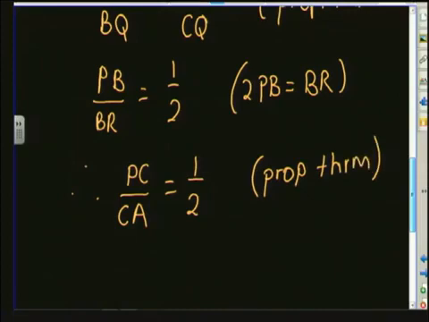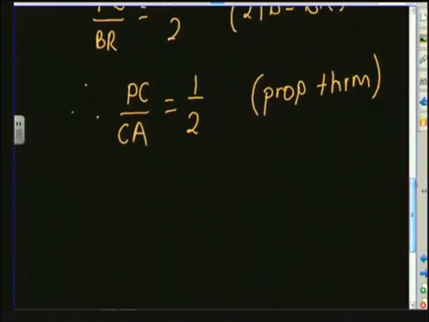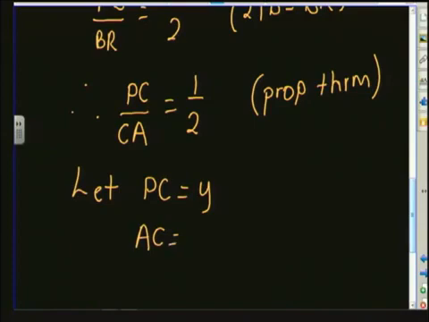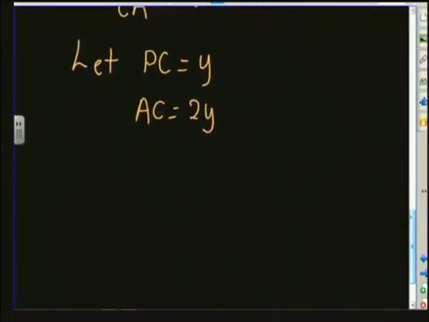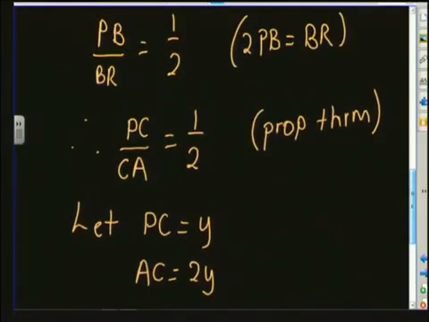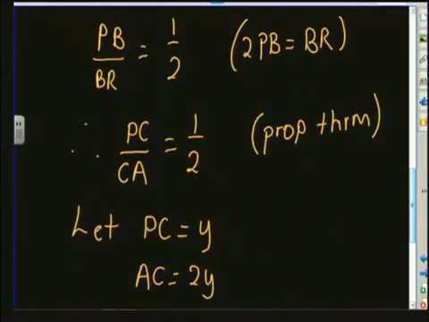And then we can make the statement about letting PC equal Y. So if PC is equal to Y, then we know that AC is going to be equal to 2Y, and that's because of your proportion theorem, and it was stated that PB over BR is 1:2.